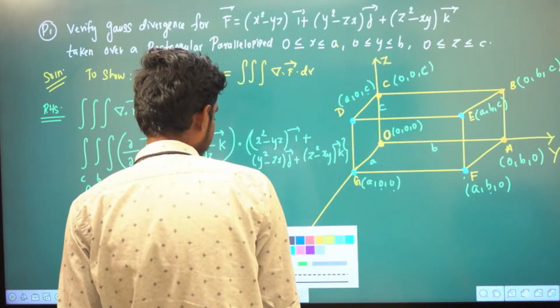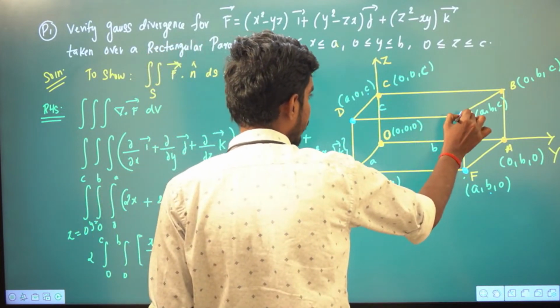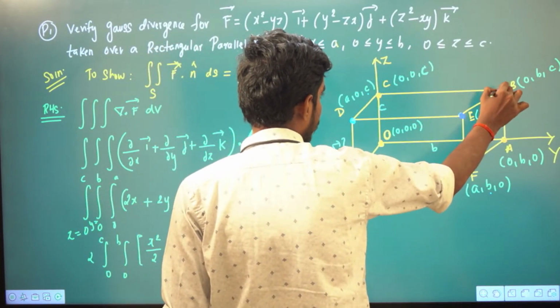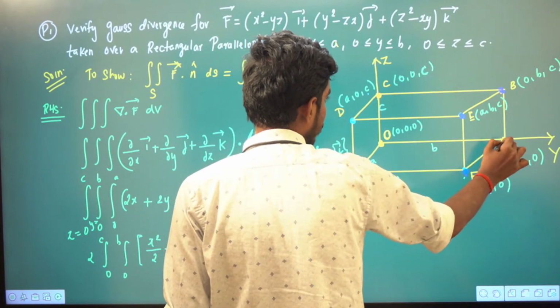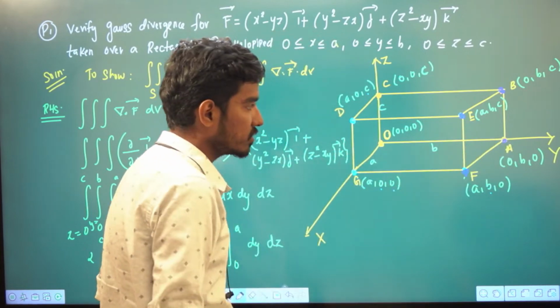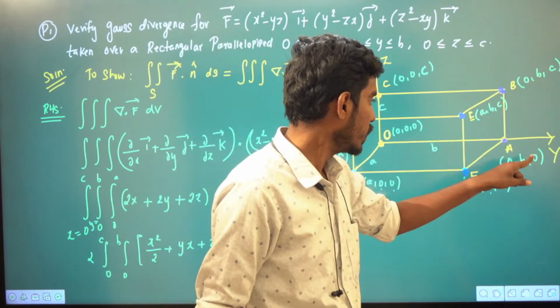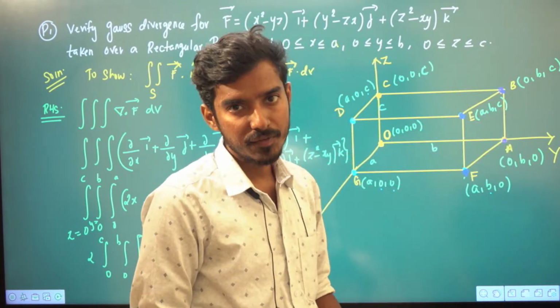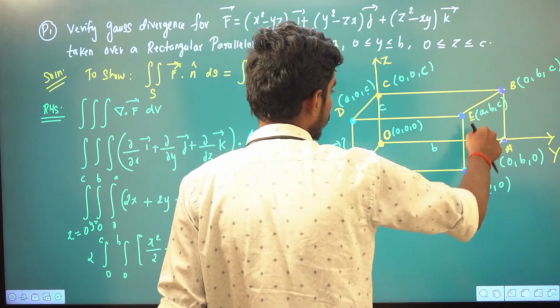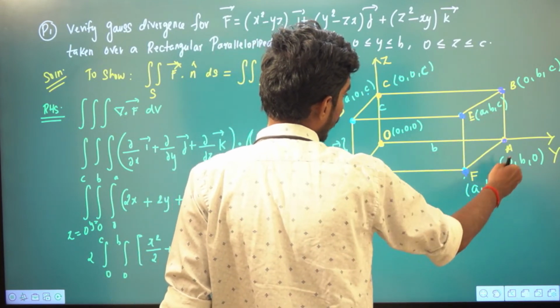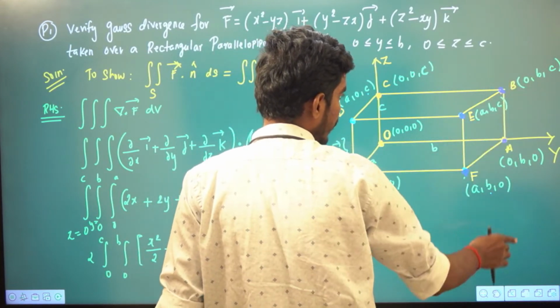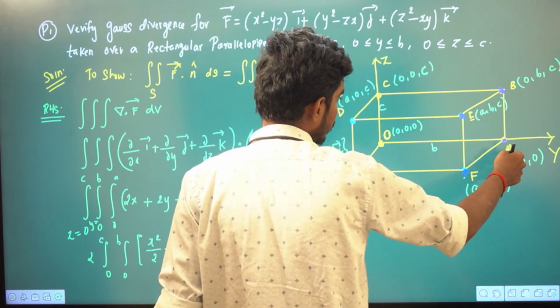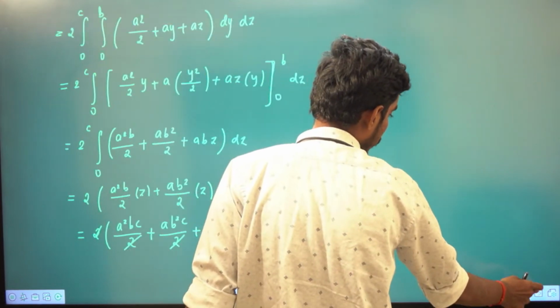Now for the right surface, y is equal to b, fixed. And x and z are varying. You can see from these four coordinates, y is b everywhere. So y is b, x varies from 0 to a, z varies from 0 to c.